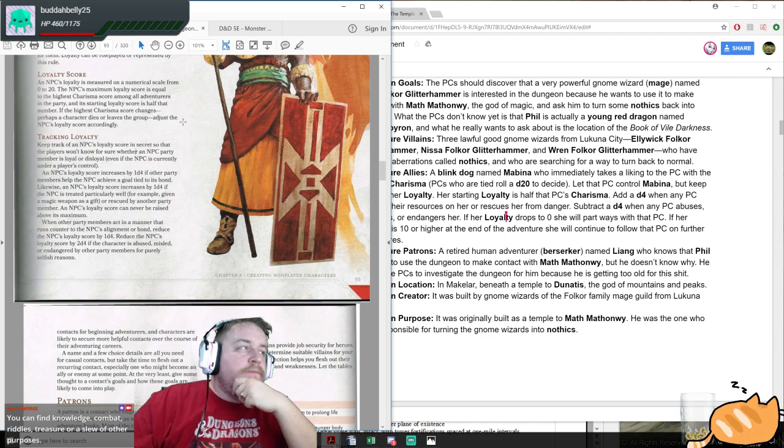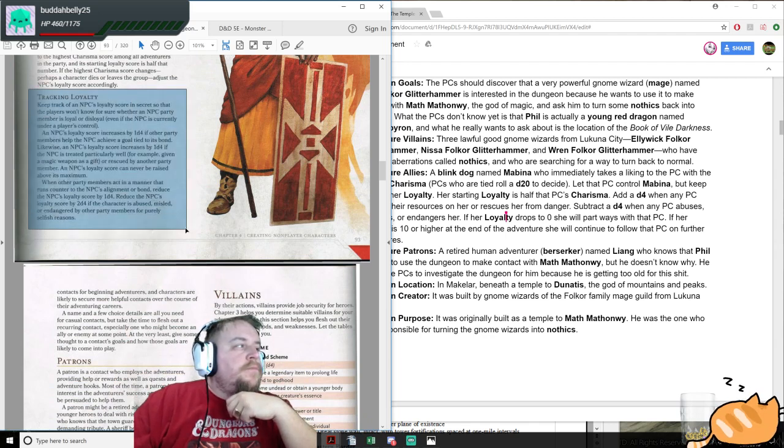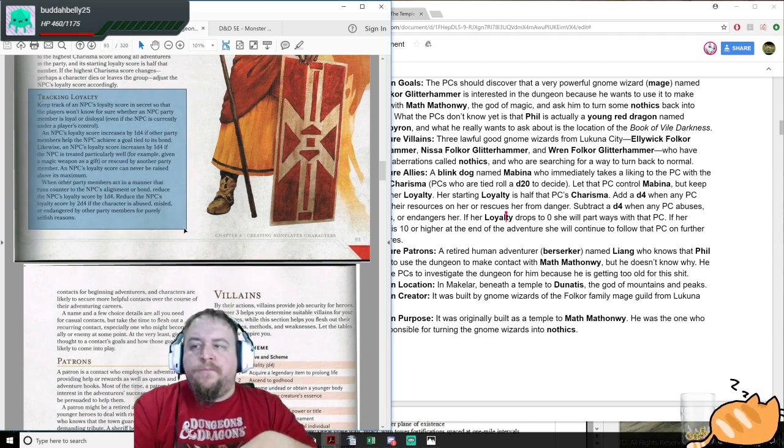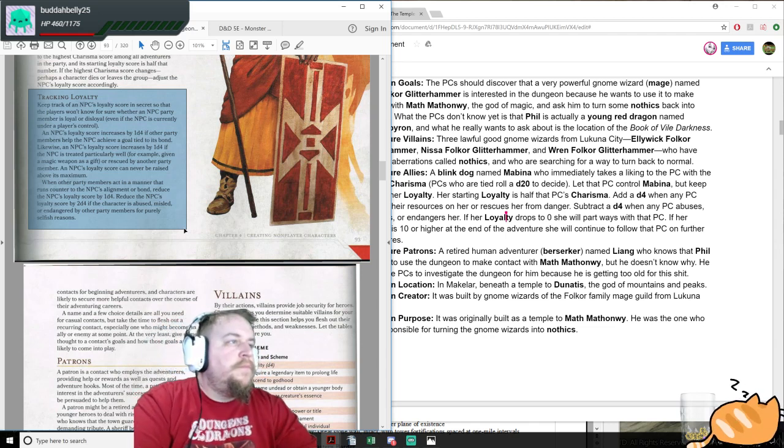Mm-hmm. So there's a whole bunch of paragraphs there that explain stuff. And I basically took them and tried to condense them into very easy to follow guidelines.